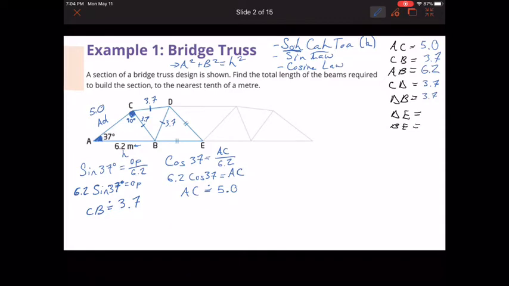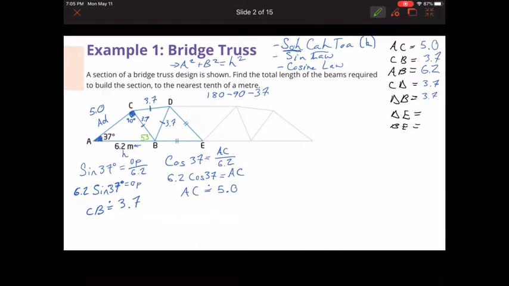So now I know in my first triangle, ABC, that I've got 90 degrees and I've got 37 degrees. So if I do 180 minus 90 minus 37, I can figure out pretty quickly that that last angle, let's change colors so you can see, is 53 degrees.